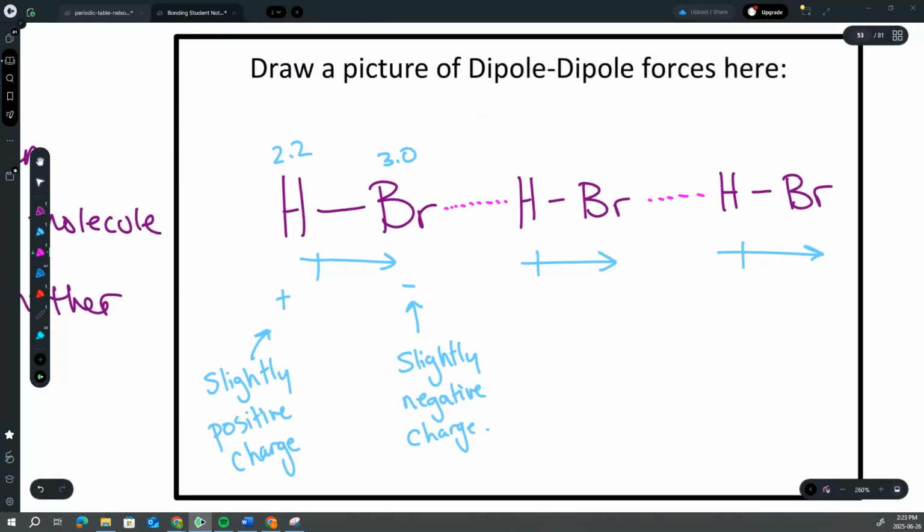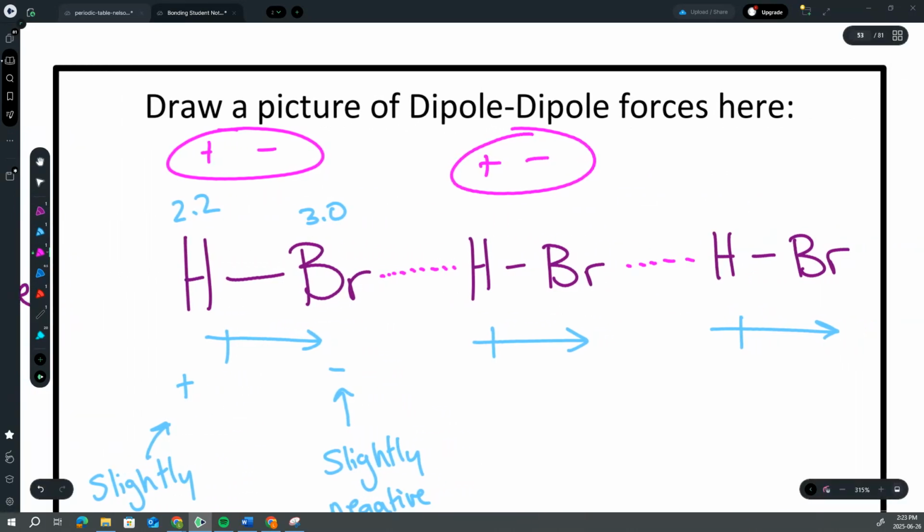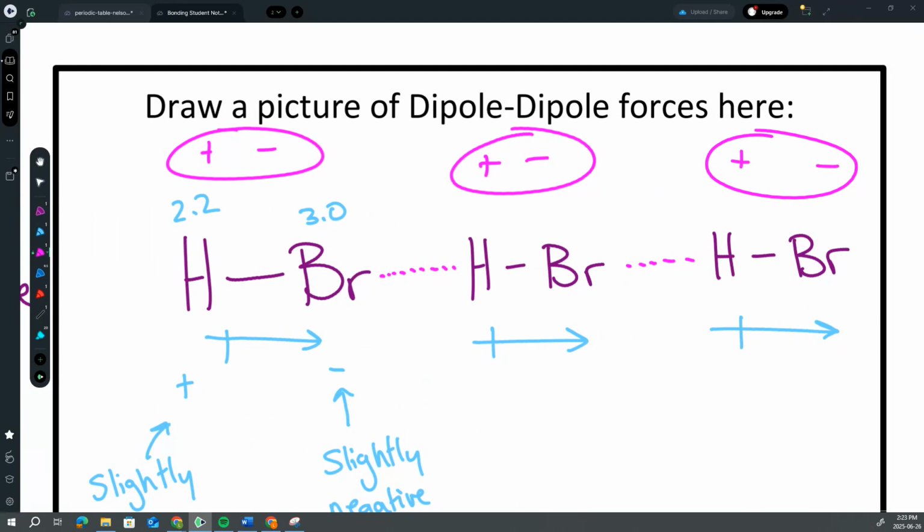So what it kind of ends up looking like, if I were to draw a picture of these with the slightly positive and negative sides, would be like that.